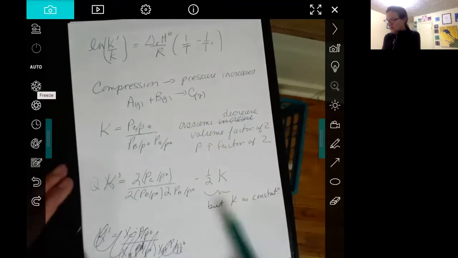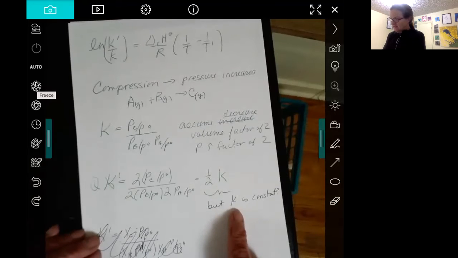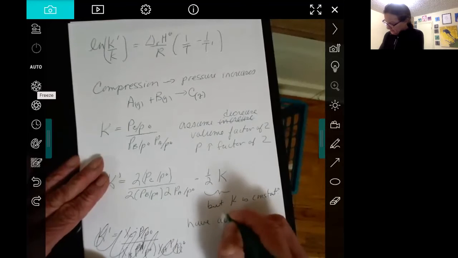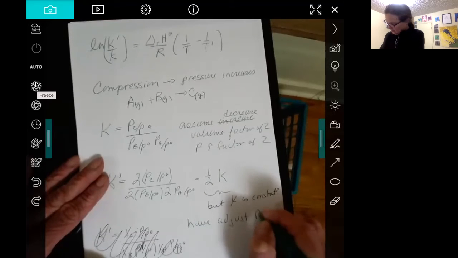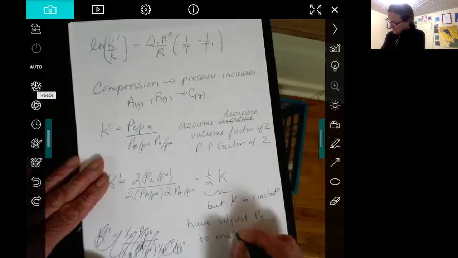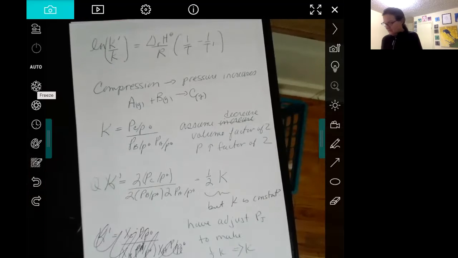So just a more quantitative way to look at it. Because K is constant, the partial pressures have to adjust to make 1/2 K equal to K. So it has to go back to the value it started at.